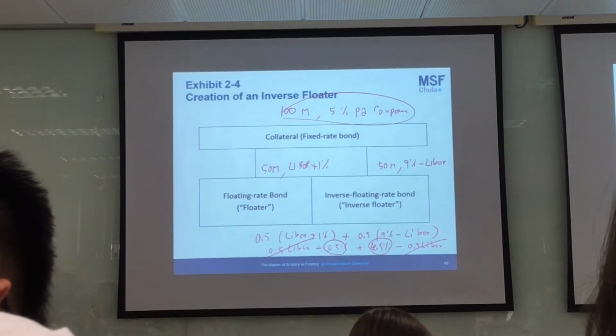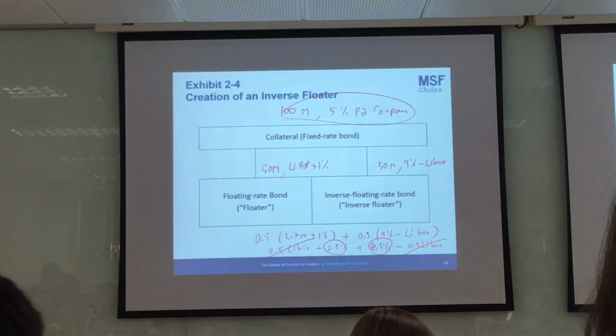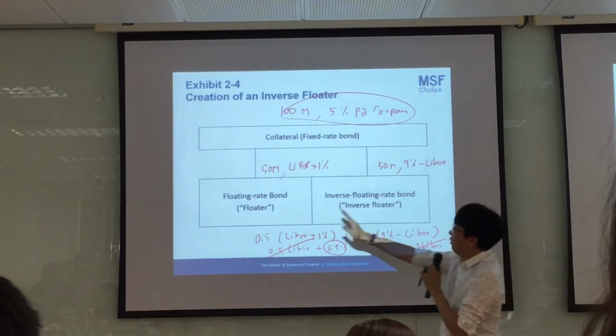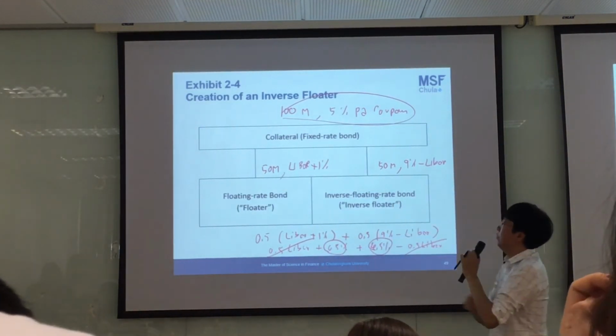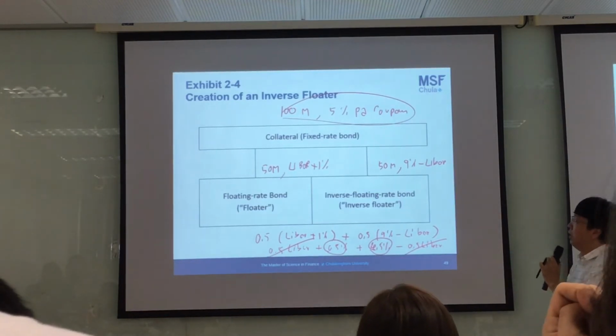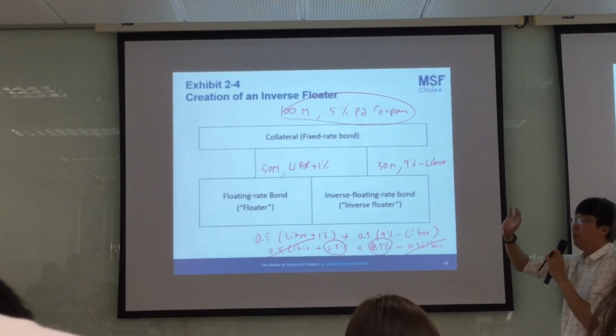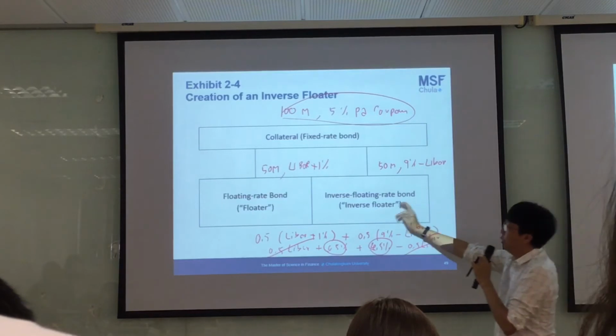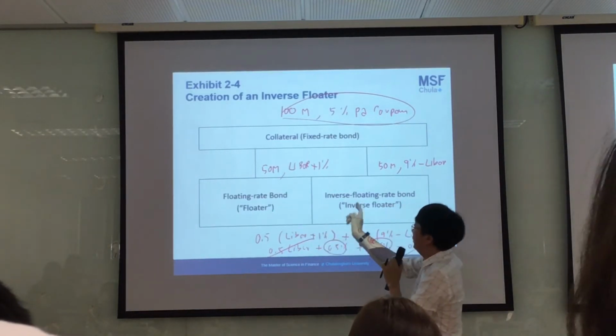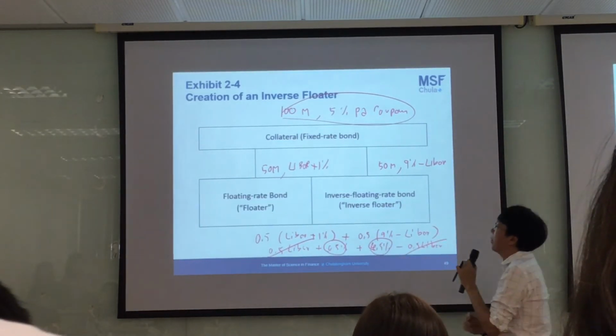And also we can write that the value of this fixed rate bond is equal to the value of the floating rate bond plus the value of the inverse floater.